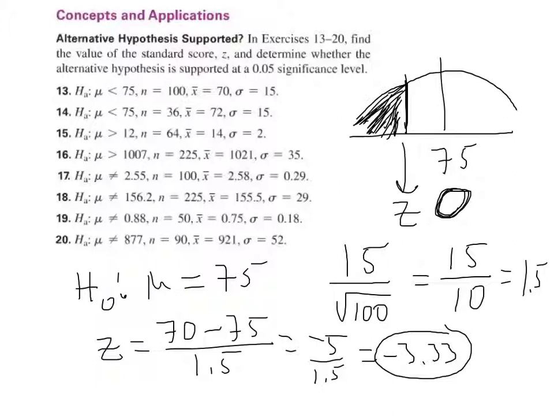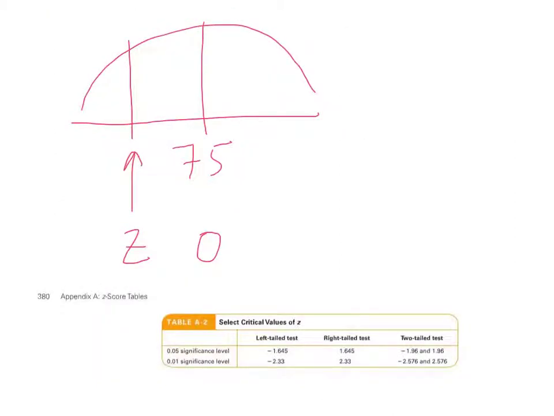In fact, I'm going to go to another slide and talk a little bit more about that. To figure out whether we're going to reject H0 or not, what we have to remember is that the central limit theorem says that these distributions will fall in the shape of a normal distribution. They'll have the center of what we're thinking it is.